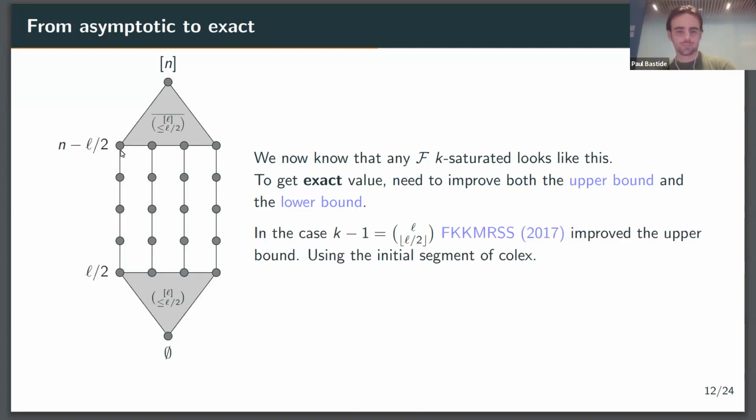In fact, it has been proved that it's not tight for k great enough and n great enough compared to k. You can take smaller sets in the top and lower levels by just taking initial segments of colex. The intuition is that if you take an initial segment of colex, then you minimize the shadow, and thus you cannot continue this chain to go downwards.